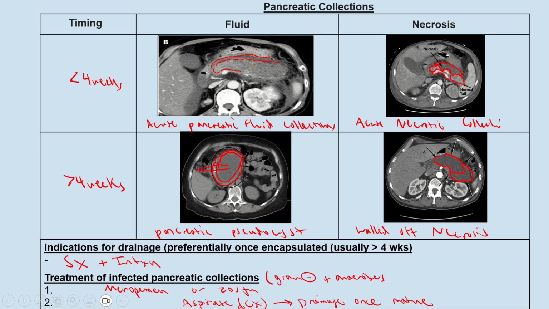A little bit harder with patients with acute necrotic collections and walled-off necrosis. These patients will need debridement. One of the newer management options for debridement that I've seen here is going to be a cyst gastrostomy with debridement, right?